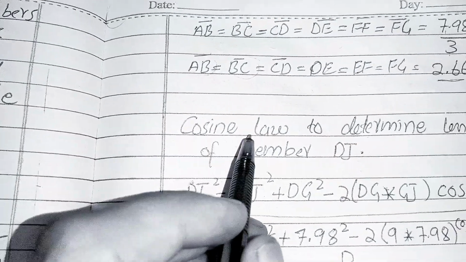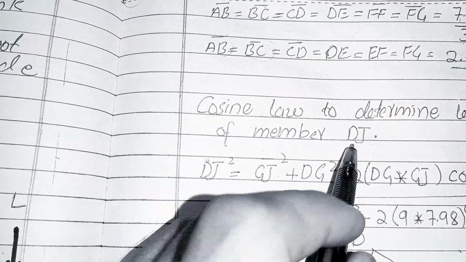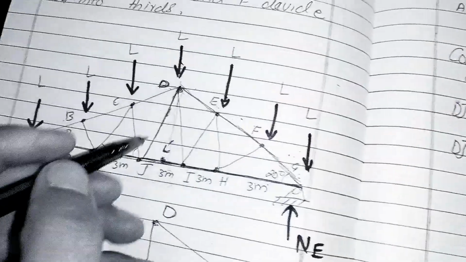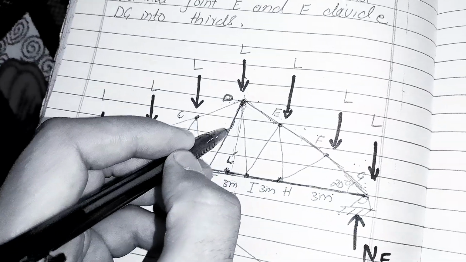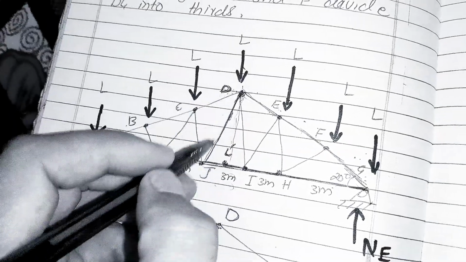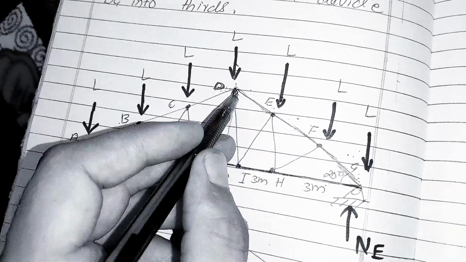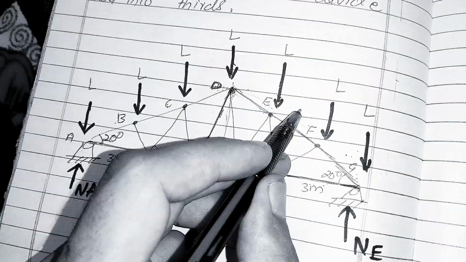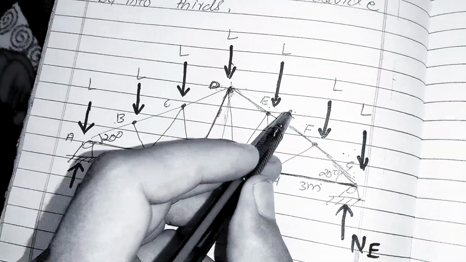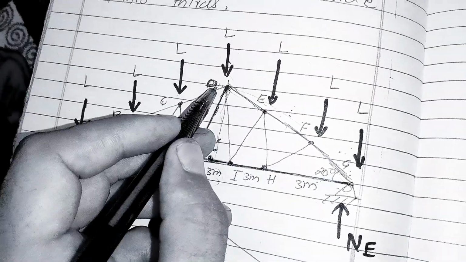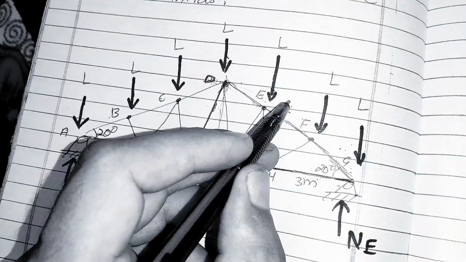So we use the cosine law to determine the length of member DJ. This length DJ is not known to us.